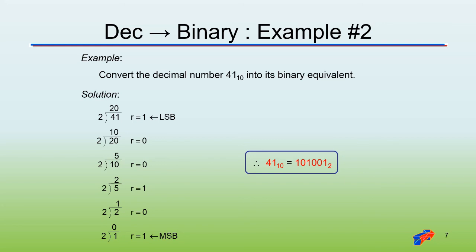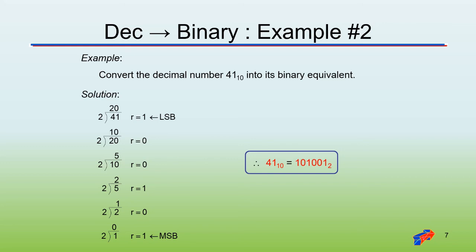That is 20 divided by 2. We will get 10 as quotient and 0 as remainder. Again, we repeat the process till the quotient reaches 0. So, what is the next dividend? 10. 10 divided by 2. We will get 5 as quotient and 0 as remainder.